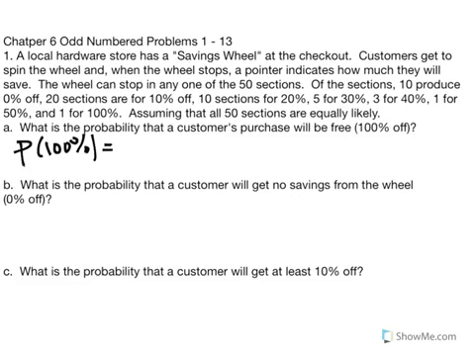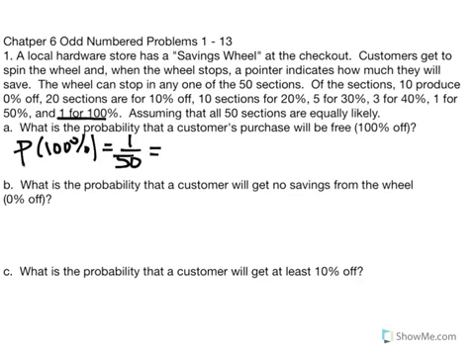How many times can 100% occur out of the 50? We find that it's 1 of the 50. So 1 over 50, the frequency of that particular item over the total number of outcomes.